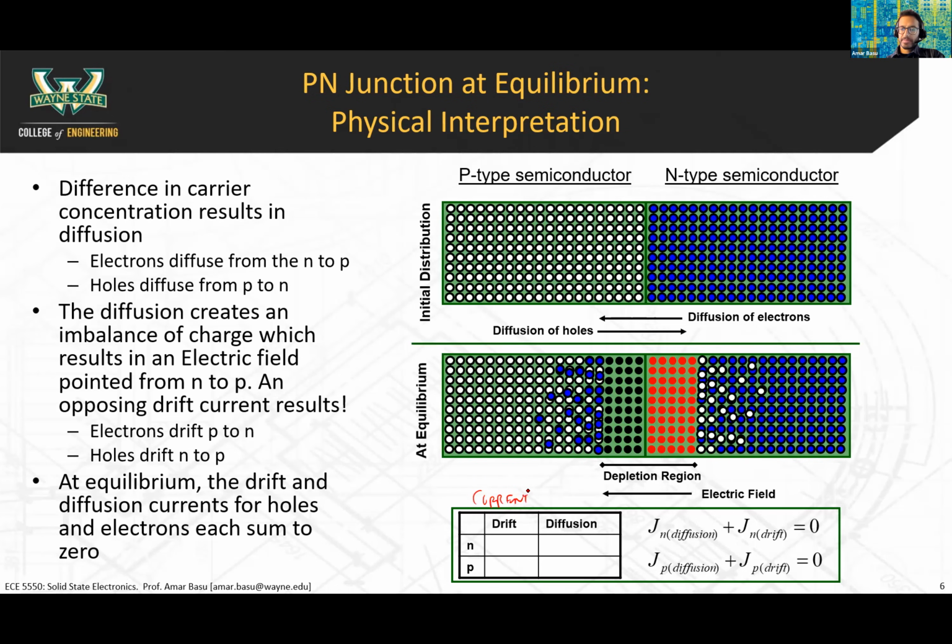Which direction is the electron drift current? Which direction is the electron diffusion current? And the same thing for the hole drift and diffusion. Go ahead and try that. Take a few minutes, and we'll pick up in 2 minutes.